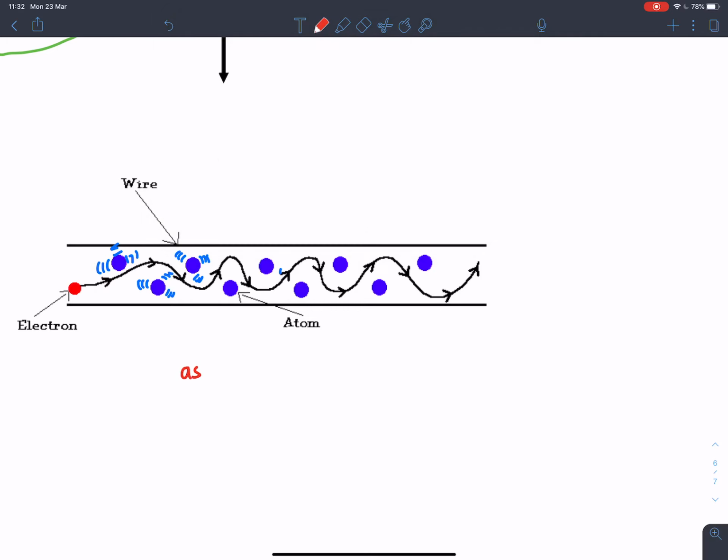So as temperature increases, what happens? Well, the metal ions vibrate more. Vibrate more quickly.